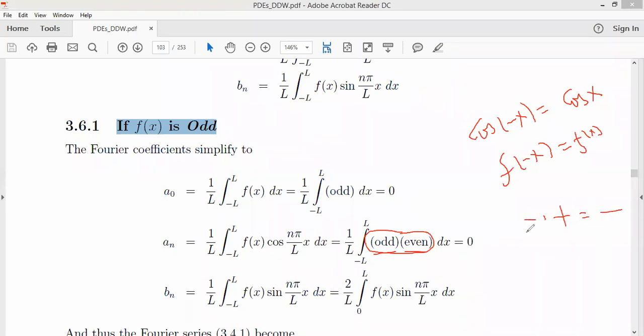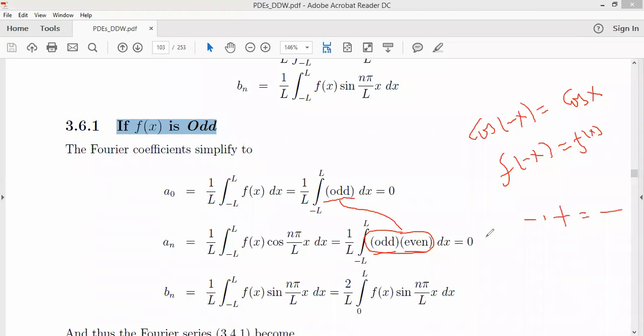This is an odd function multiplied by an even function. The product is odd, and the product being odd takes us back to this guy here, and we said it is 0. Therefore, that one is 0.